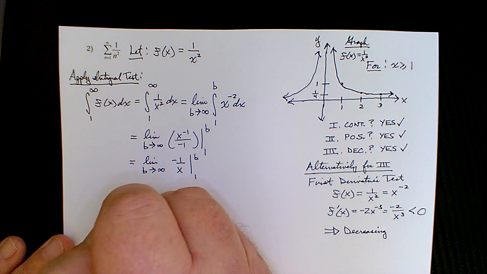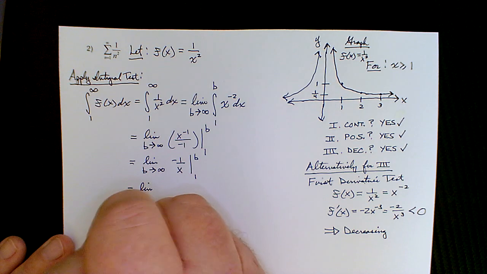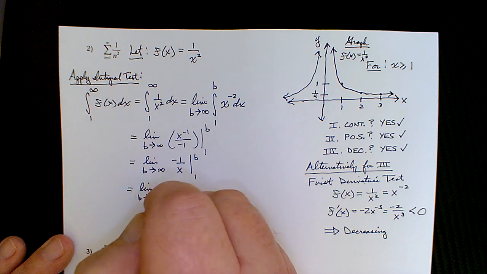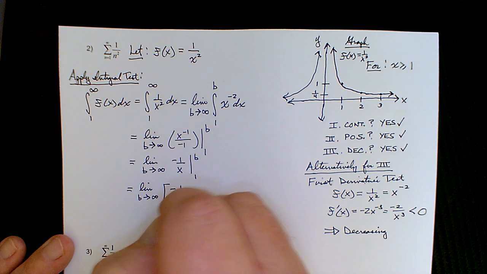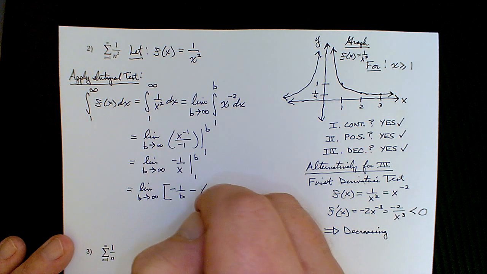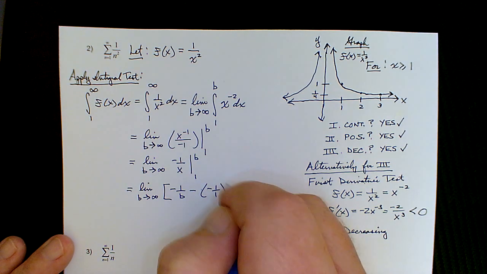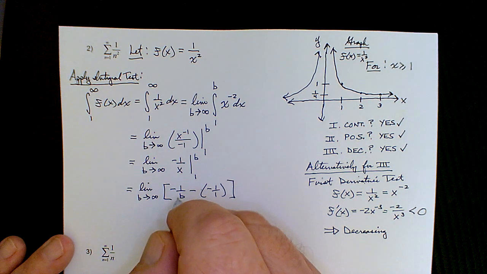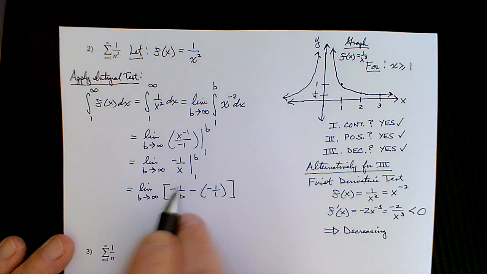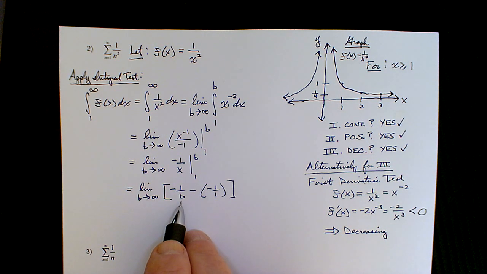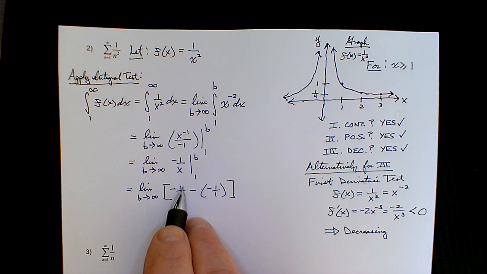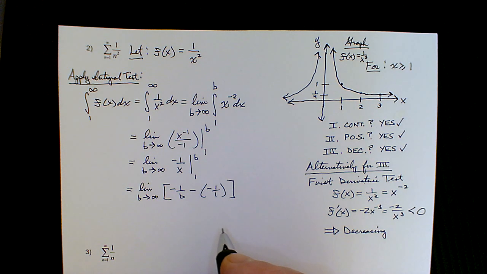Now, upper limit goes in, with the limit as b tends toward infinity tagged along. Upper limit, negative 1 over b, minus lower limit of negative 1 over 1. And as b tends toward infinity, by inspection you could say negative 1 over b tends toward 0, because a constant divided by something that's increasing without bound tends toward 0.